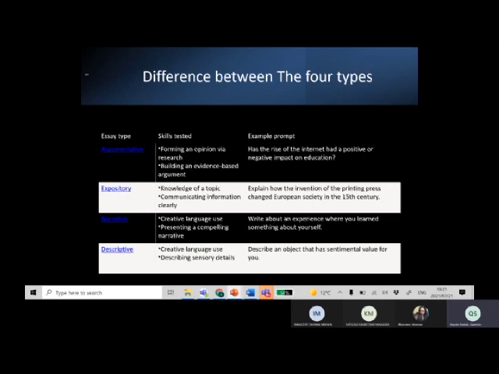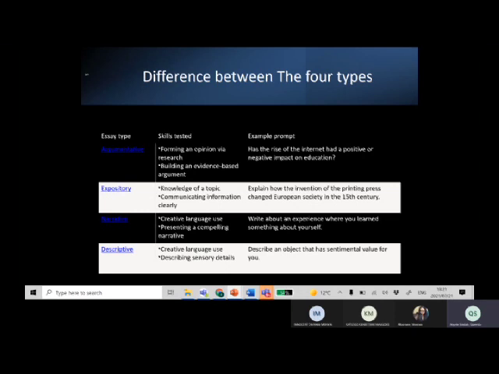With the narrative and descriptive essay, creative language is very important. So your metaphors, your ironies, onomatopoeia, hyperbole, use them all. Imagery to show, to describe. So creative language, so that your audience can feel, the sensory details are very important when it comes to descriptive essays. So a question would be, for example, describe an object that has a sentimental value to you.